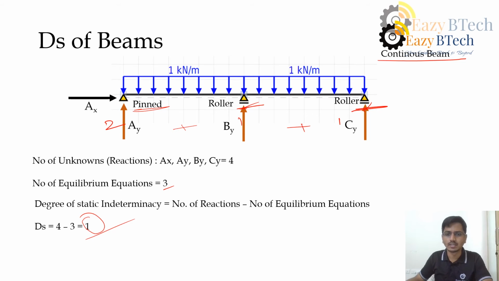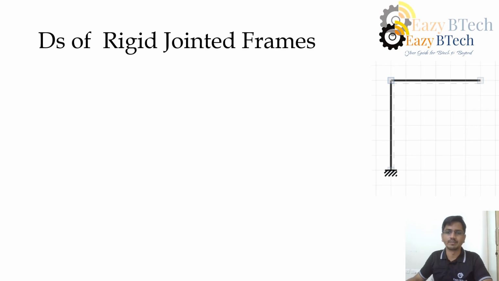Let us go to the frames. Rigid jointed frames. What are these rigid jointed frames? For beams, usually we have one member. If another member is joined with a joint at any angle, then that is known as a rigid jointed frame.